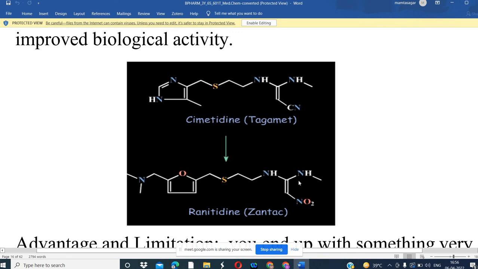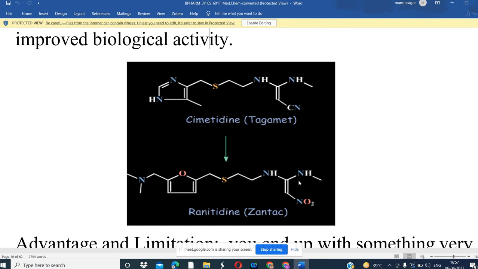But if we do it in the computer, taking the help of computational studies, like QSAR studies, we can create many molecules within the computer with the help of software. We can create different molecules, then analyze the activities and the atomic properties of those molecules.